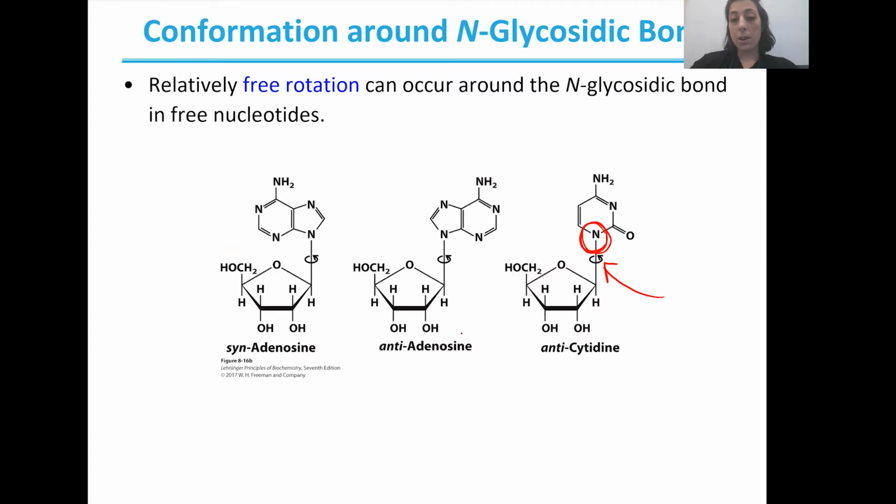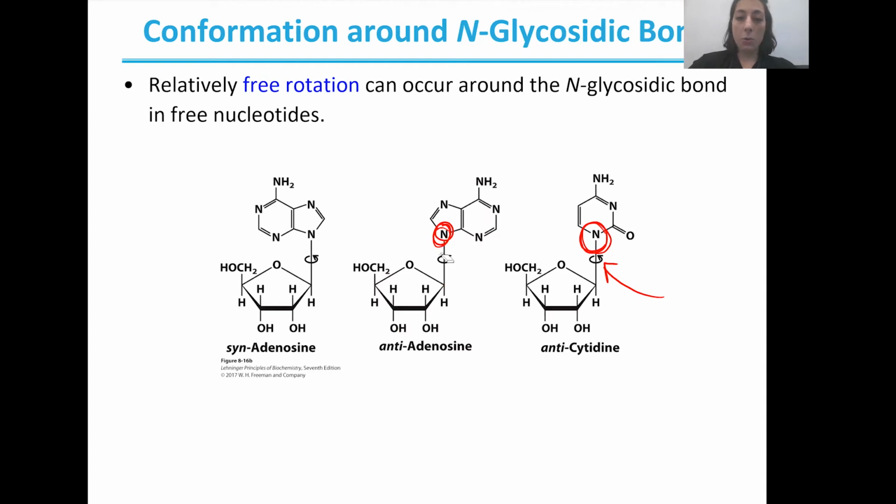And for a purine, like this purine here, you can see that the nitrogen on the 5-membered ring portion is what attaches through this N-glycosidic bond down to our anomeric carbon of the sugar.